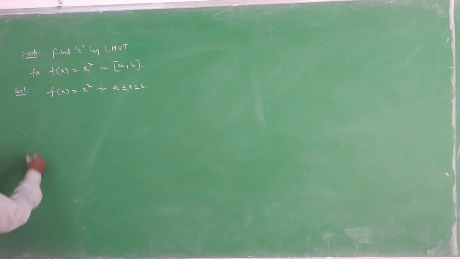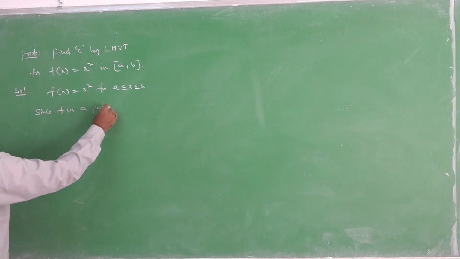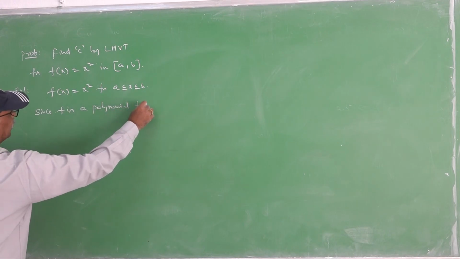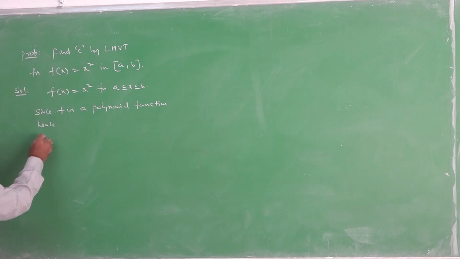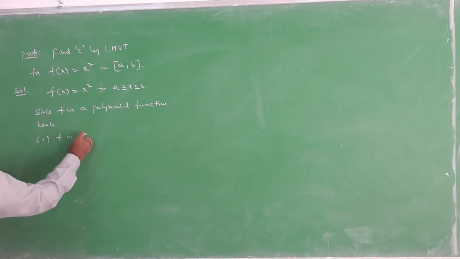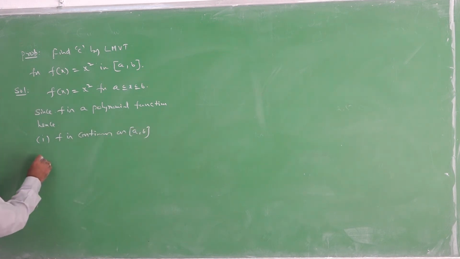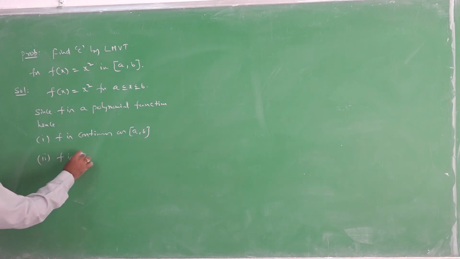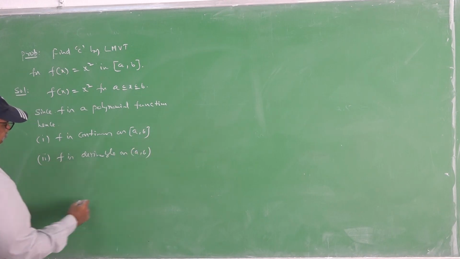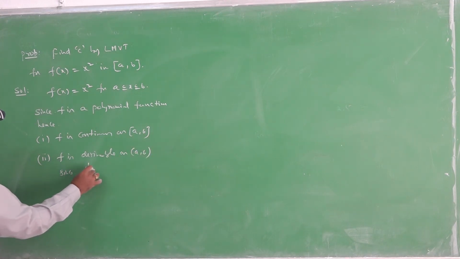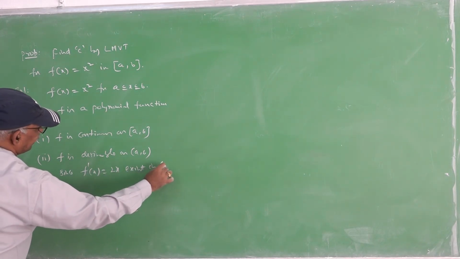Since f is a polynomial function, hence f is continuous on the given interval and it is also derivable, since f dash x is 2x, which exists as a finite value in a, b.